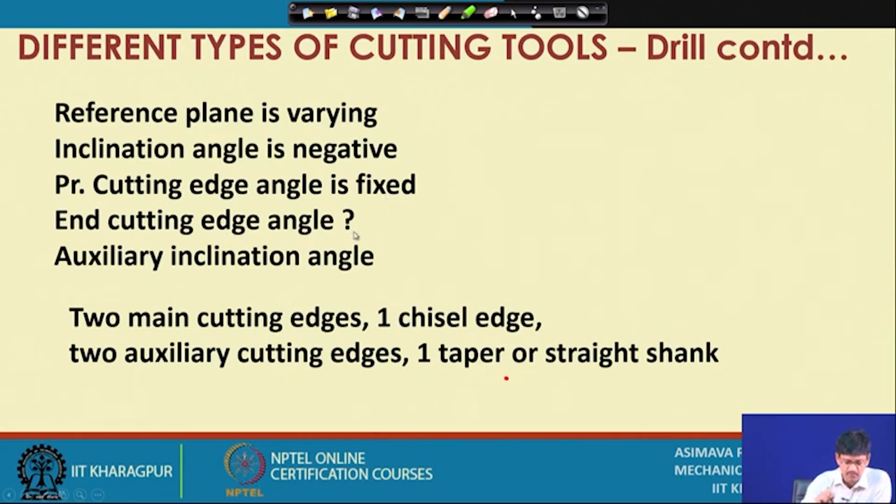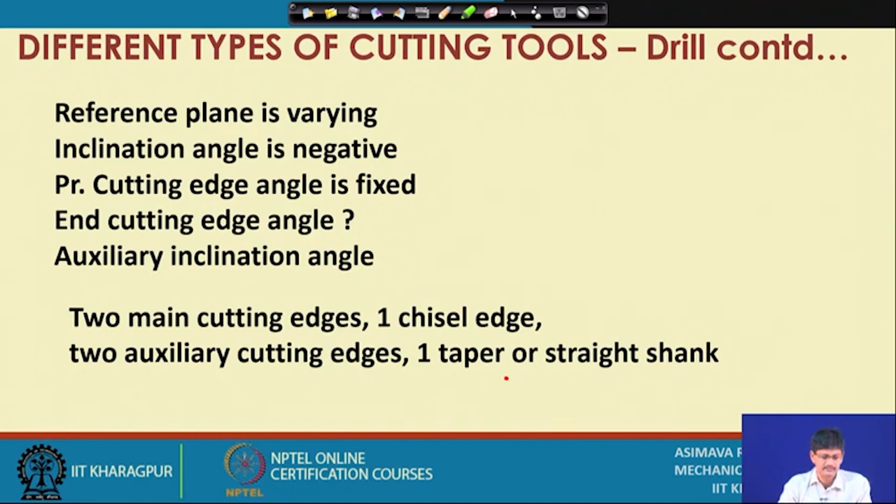Now, I would like to set a question for you; you can think about it and answer later. What is the value of the end cutting edge angle? And what is the value of the auxiliary inclination angle? If you ask me the value of the principal inclination angle, I will say it is negative, and it changes from point to point.